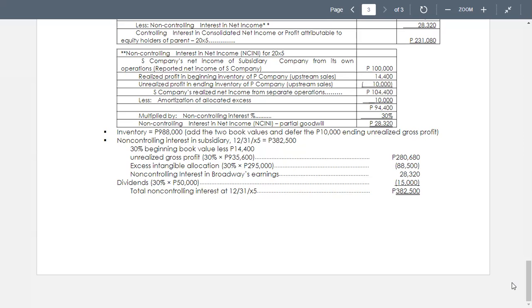Next, we go to problems 12 and 13. For 12 and 13, we now have the corporation acquired a 70% interest in Weasel Corporation on January 1, 20X5, when Weasel's book values were equal to their fair values.